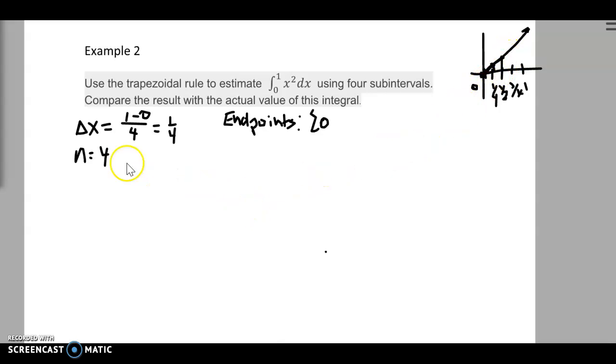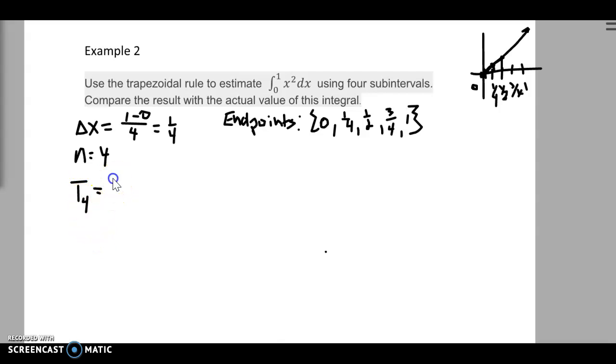So we're going to have endpoints of 0, 1/4, 1/2, 3/4, and 1. So those are all of our endpoints for that. So now we can go ahead and put this into the equation for the trapezoidal rule.